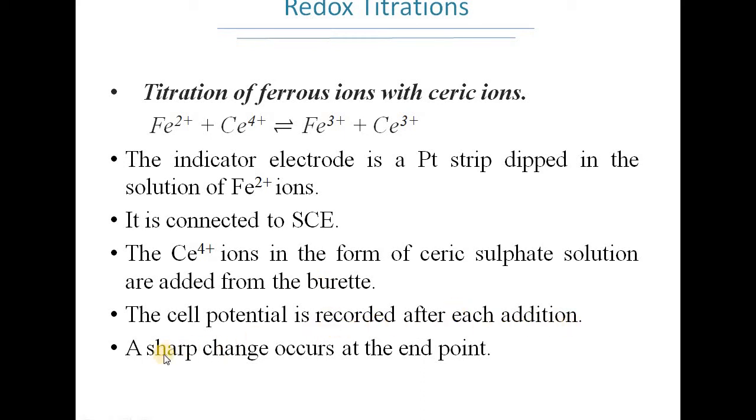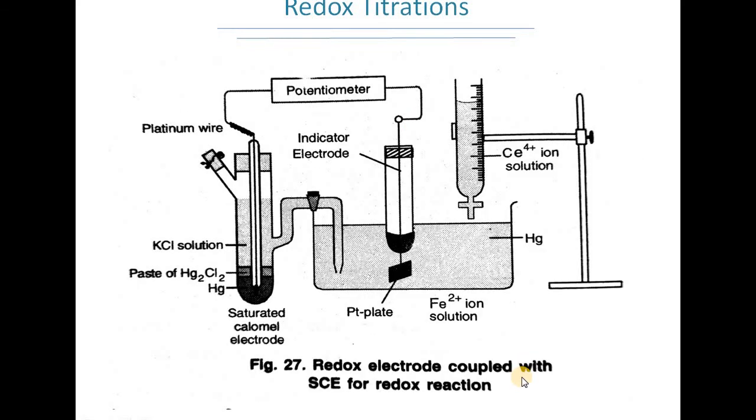So what will we observe? Again, similar to acid-base titration, we will get a sharp change in the curve near the end point. So this is the setup for the redox electrode coupled with SCE for redox titrations. Here we have the saturated calomel electrode on the left hand side.